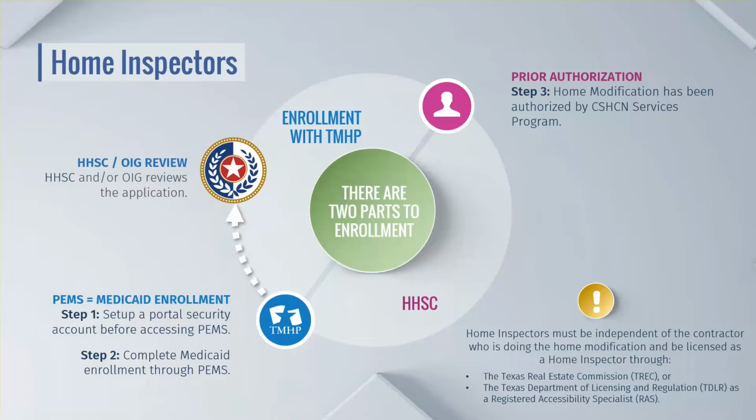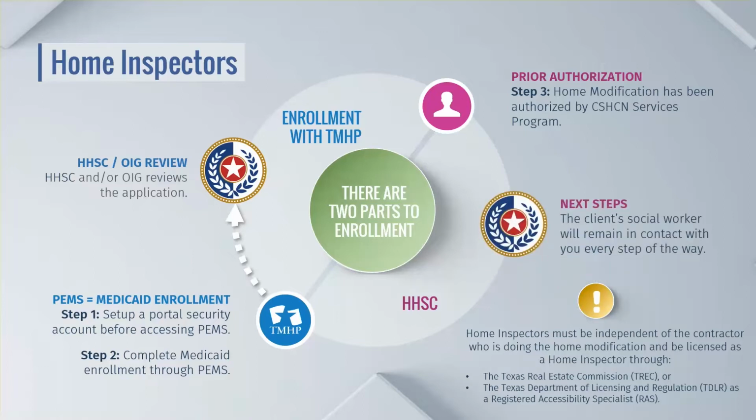This means that the inspector must receive written authorization from the program before they can provide family support services to a child or family member enrolled in the program. Providers are only reimbursed for modification services that have been authorized. From this point on, the client's social worker will remain in contact with you every step of the way.